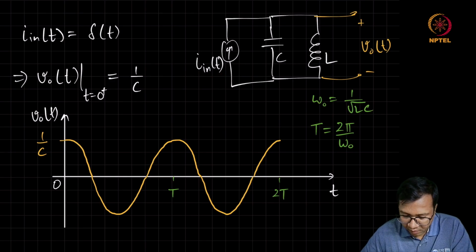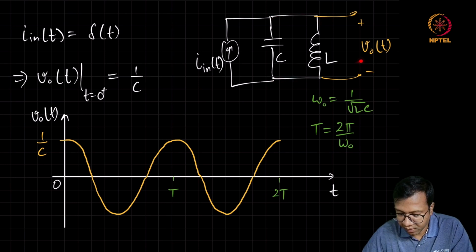But in reality, there is always going to be loss in the system, as we have seen in the case of the ball rolling down the slope. There also, some friction will always be there, which will result in a damped oscillation. Similarly, here also, these capacitors and inductors are going to have some loss, and there will also be loss in this interconnection.